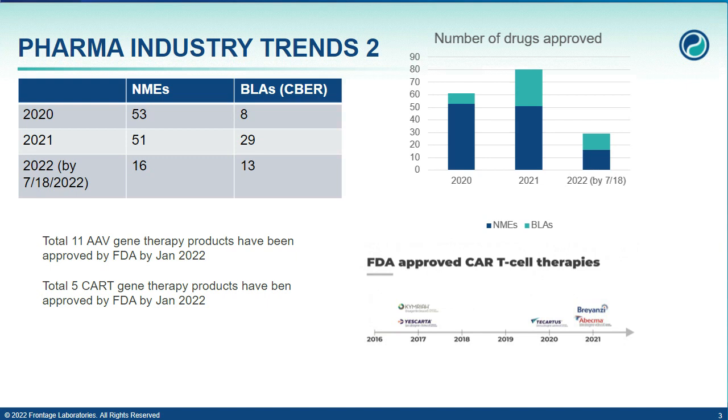We can see the ratio between BLA and the NMEs is growing significantly in the last 2.5 years. So basically, FDA approved BLA is increasing every single year since 2005. And at the bottom right, we can see FDA approved CAR T-cell therapeutic drugs in the last 5 years.